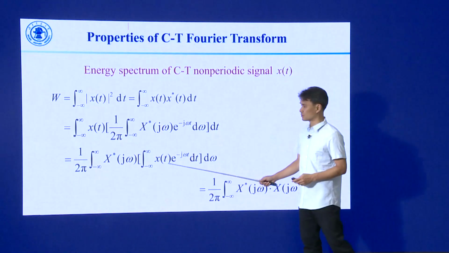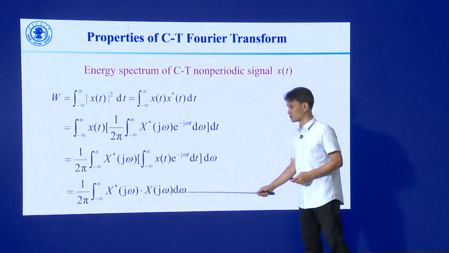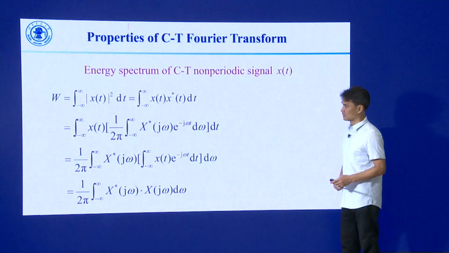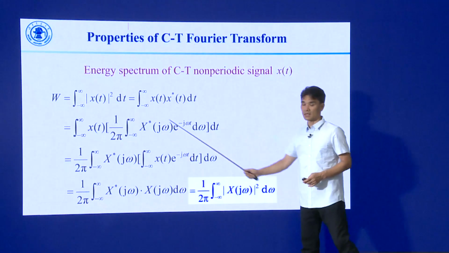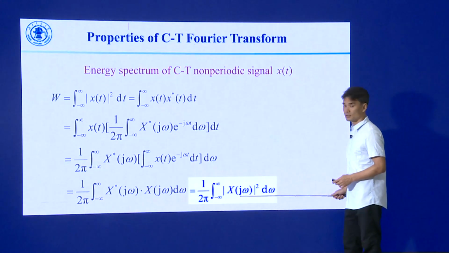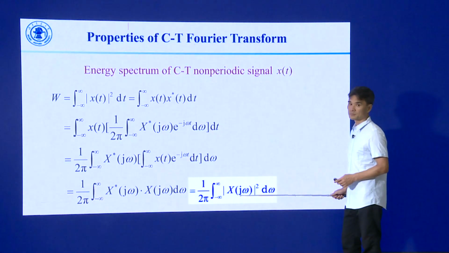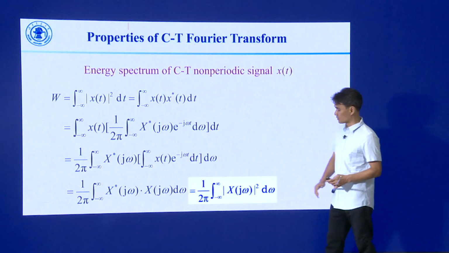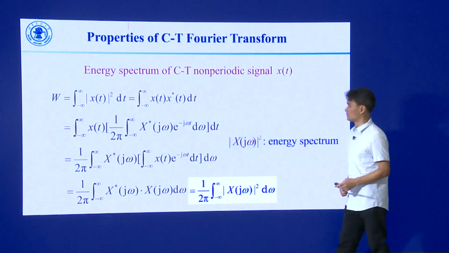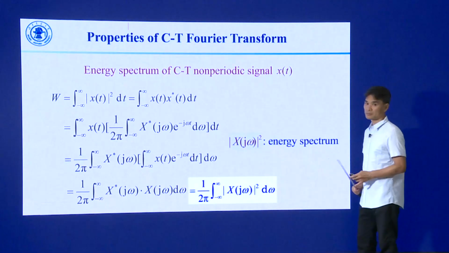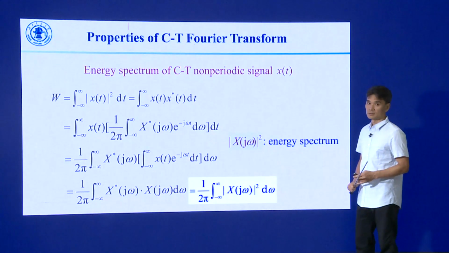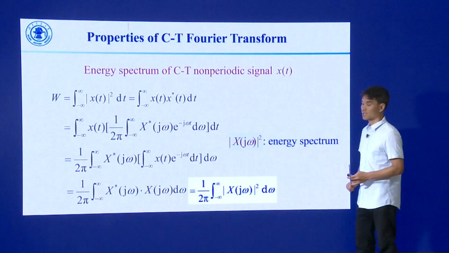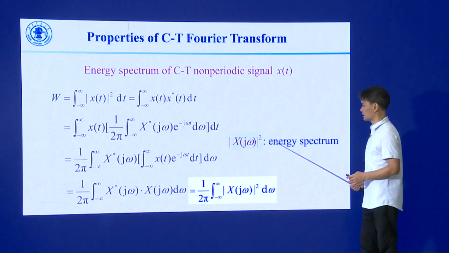It is a continuous time Fourier transform. And we put it into the equation, and it's clear that the energy of the original signal actually can be calculated from the frequency domain as well. And we're going to define this as the energy spectrum. So the squared spectrum for continuous time Fourier transform is the energy spectrum.